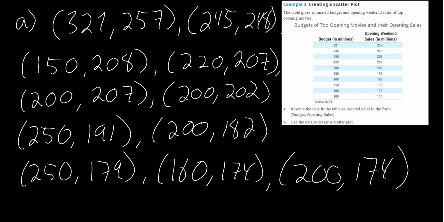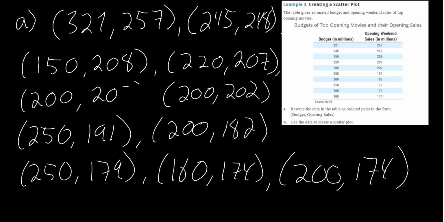I don't know where I doubled up at. Let's look at this. So 34, 150, 208, 220, 207, 200, 202. Okay, so this one, there is no 200 and 207.